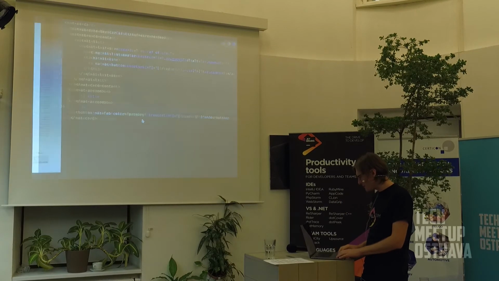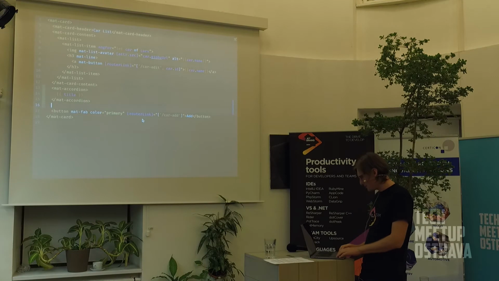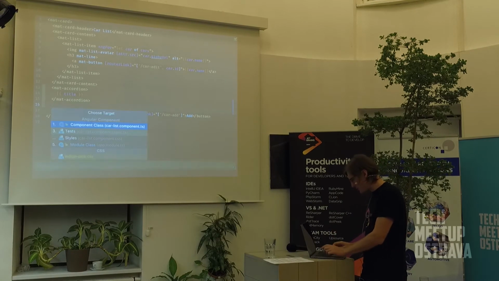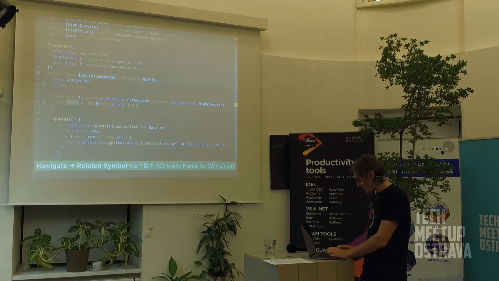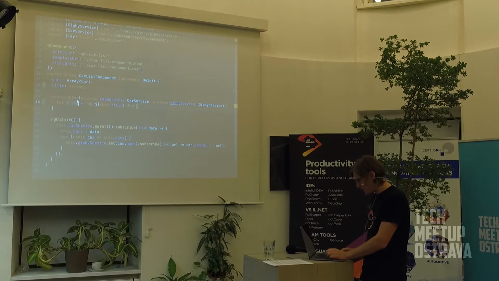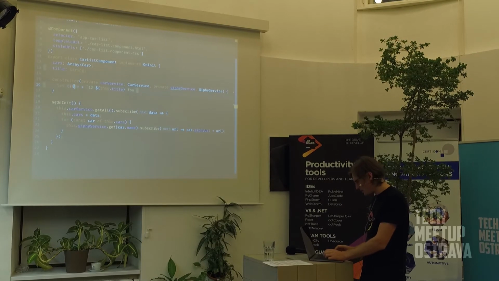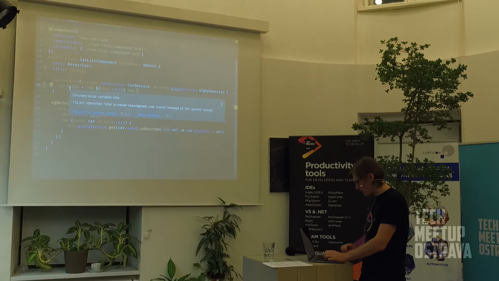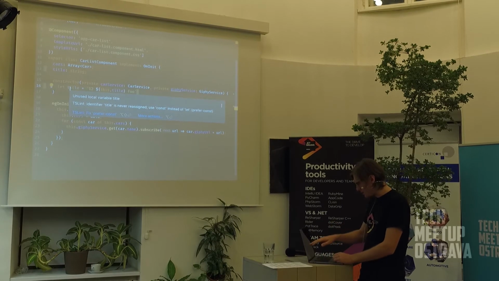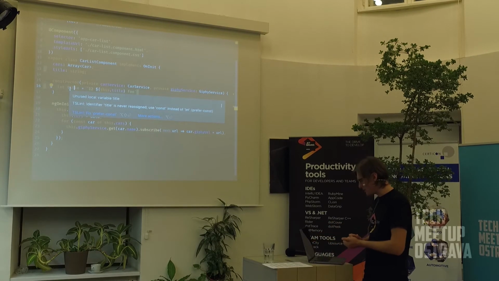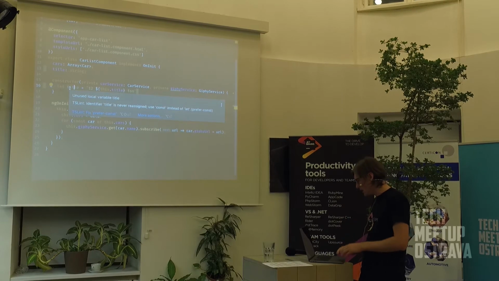Okay, so what was that? Linters. Let me switch to the component. So I have something here already. I did some mistake. So what does it tell me? TSLint tells me that this identifier is never reassigned.